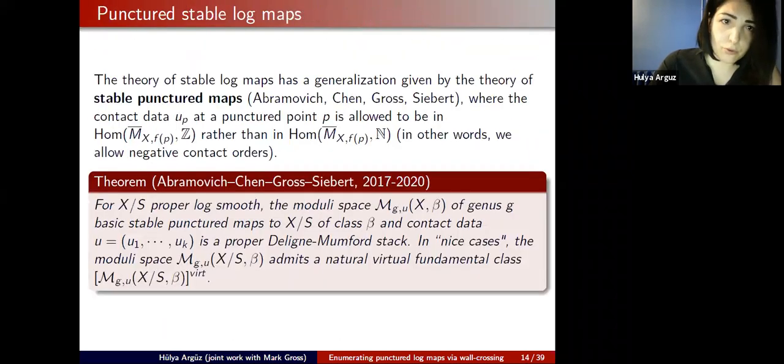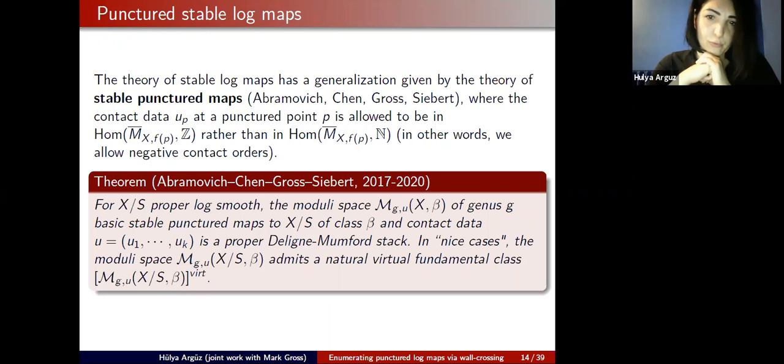And in punctured log Gromov-Witten theory, they prove that if X is proper log smooth, the moduli space of punctured log maps of given contact data is a proper Deligne-Mumford stack, and in nice cases you can again construct a nice virtual fundamental class.